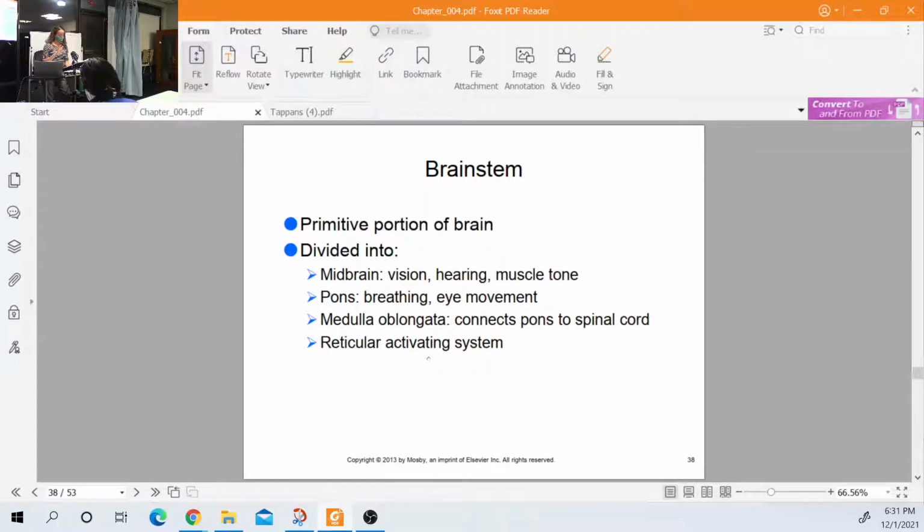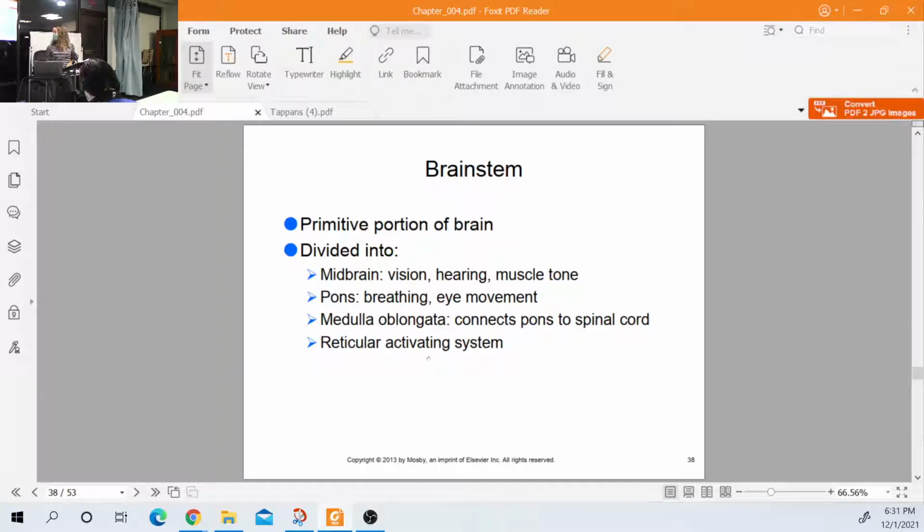It helps regulate our blood pressure, heartbeat, and breathing, as well as some simple survival things like coughing and sneezing to expel foreign objects. This can, of course, be fatal if it's not functioning properly, since those are all very necessary for life, breathing, and heartbeat, all of those things.